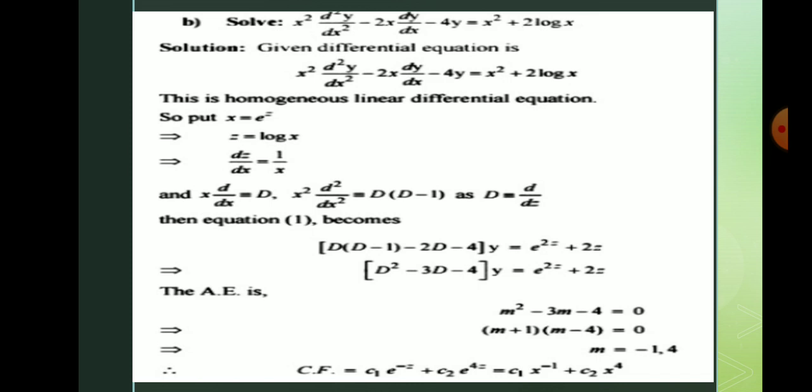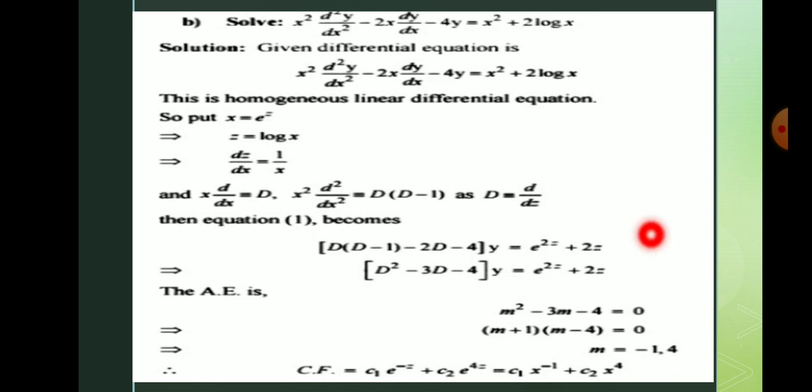So look here, this equation is converted into linear differential equation with constant coefficient, and we already discussed that for this kind of equation, the solution is CF plus PI.